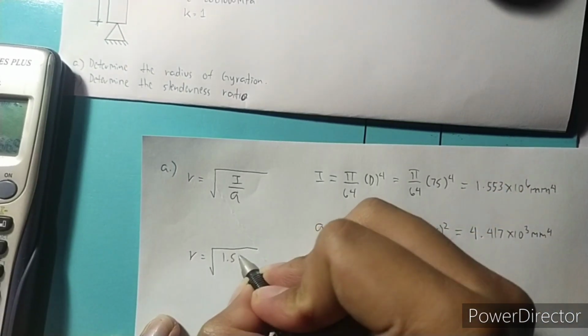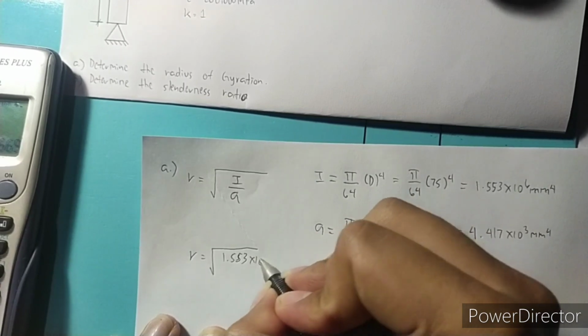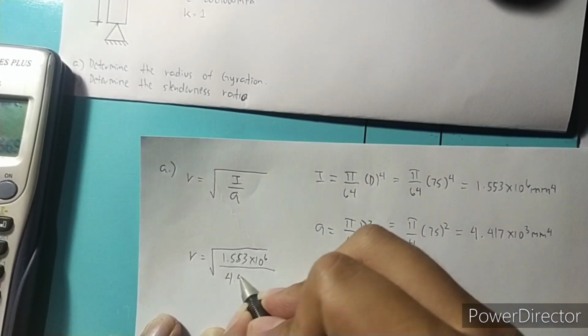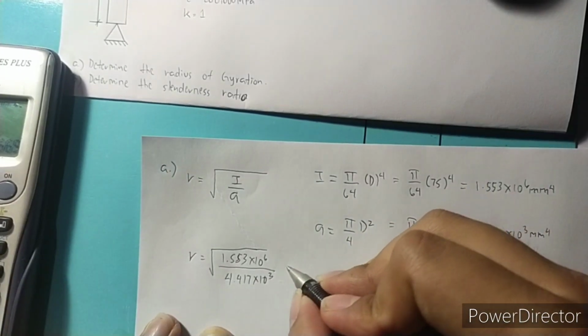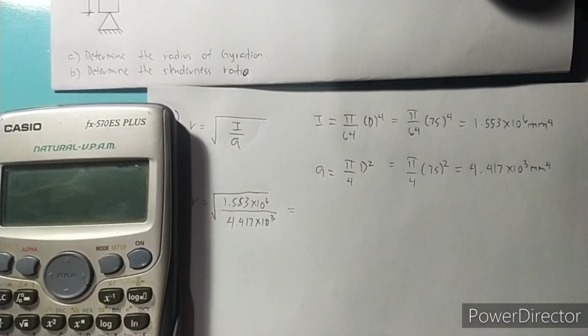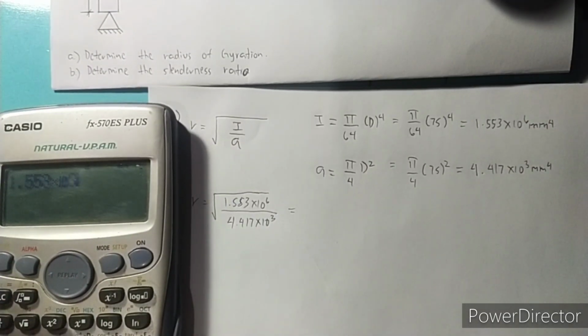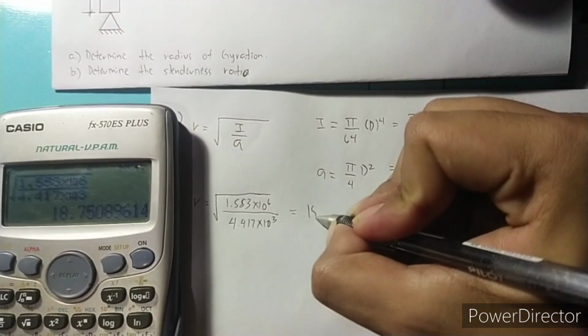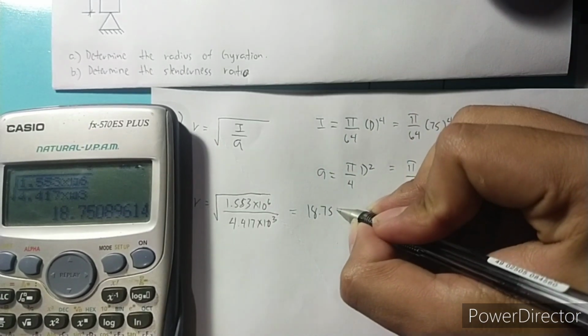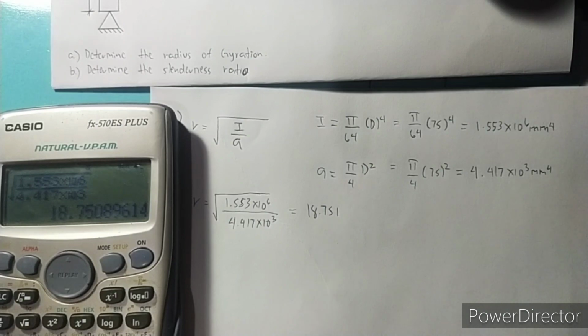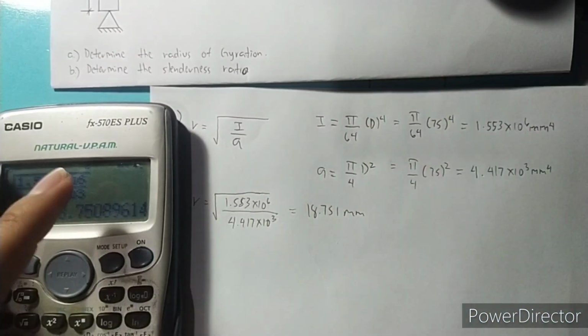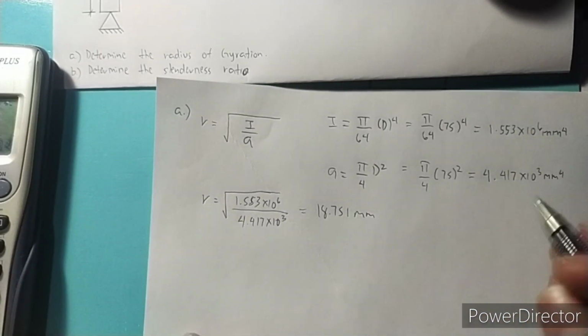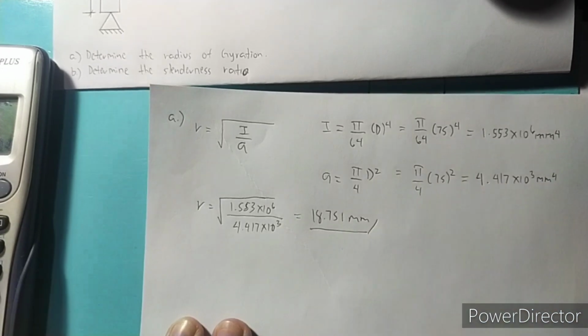R equals the square root of 1.553 times 10 raised to 6 over 4.417 times 10 raised to 3, which equals 18.751 mm. So this is our radius of gyration.